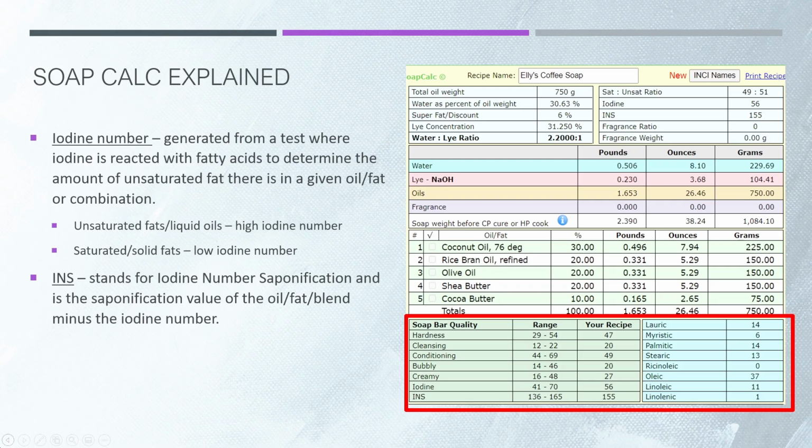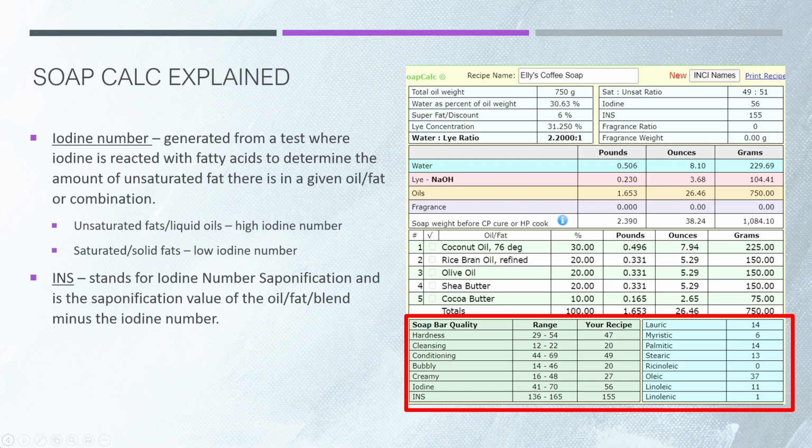That's all that means. So a higher iodine number in your soap recipe means that you've got lots of unsaturated fats, which are usually the liquid oils, and a low iodine number means you've got lots of saturated fats. So if you really want to look at that, I would be aiming somewhere in the middle.